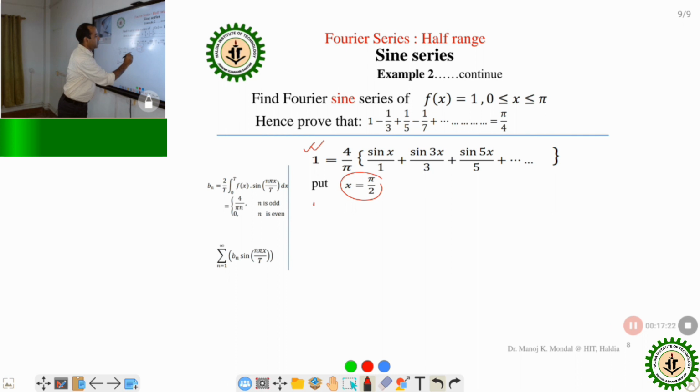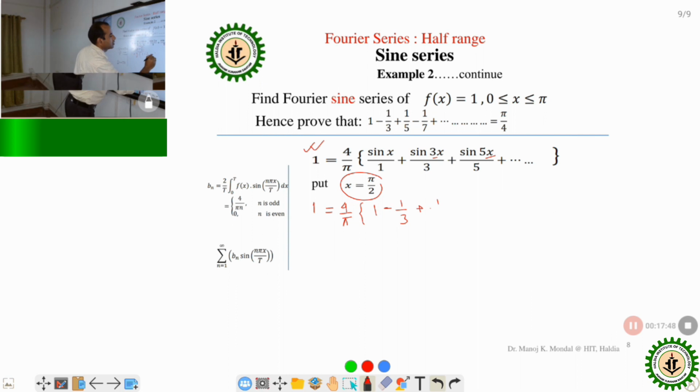Then f(x) equals 1, and 4 by pi times: sin pi by 2, that is 1, sin 3 pi by 2, that is minus 1, so minus 1 by 3, sin 5 pi by 2, that means plus 1 by 5, and similarly we get minus 1 by 7 and so on.